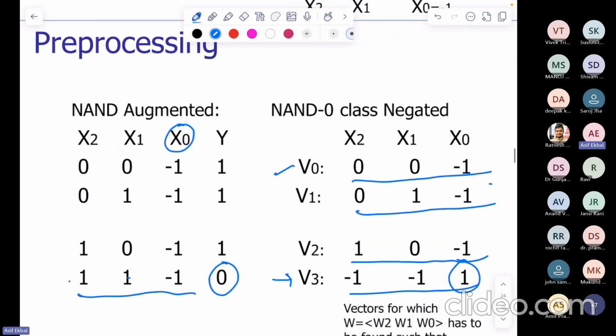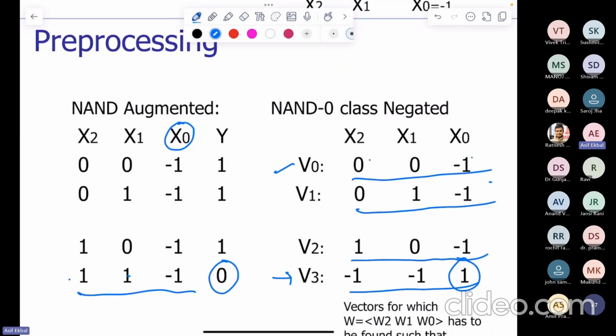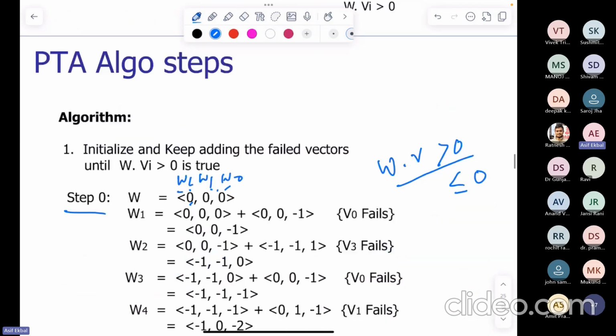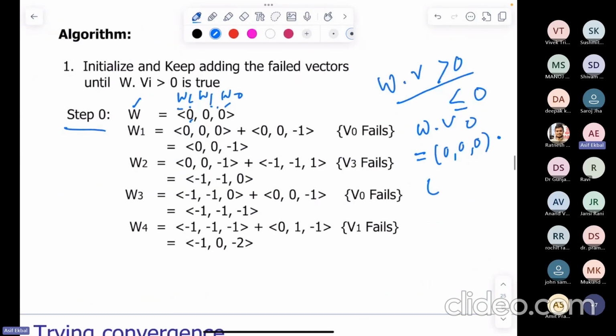So you go back here. This is 0 0 -1, right? That is V0. So W into V0 is what? This is 0 0 0 as W, dot V0, which is 0 0 -1.